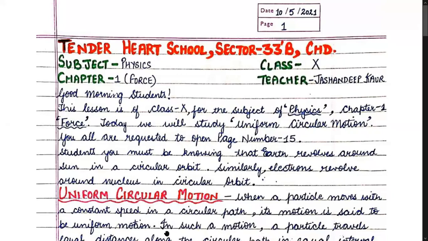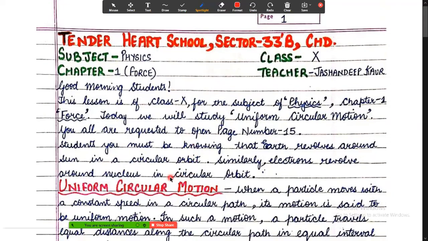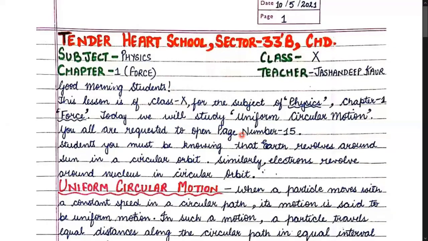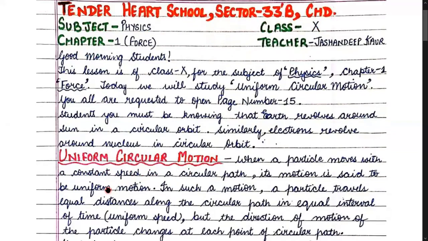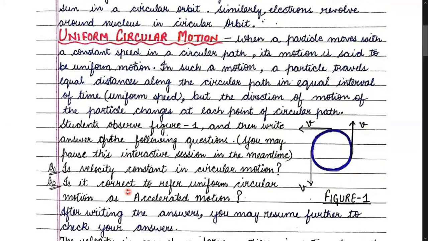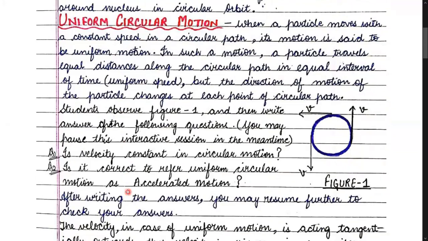Children, you must know that Earth revolves around the Sun in a circular orbit. Similarly, electrons revolve around the nucleus in a circular orbit. As we discussed in class 8th also, in uniform circular motion the particle is revolving in a circular path, and the velocity is always acting tangentially outward.